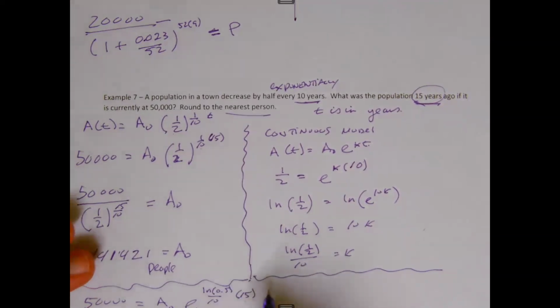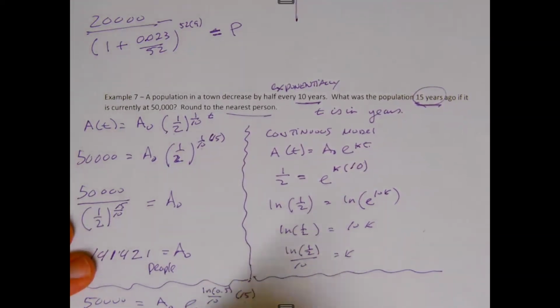There's just a big old constant, divide both sides by this e to the whatever. And I get 50,000 over e to the natural log of 0.5 over 10 times 15, and this will give me what the original population is.